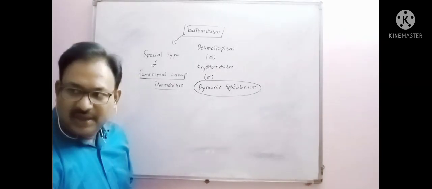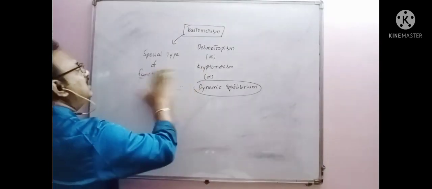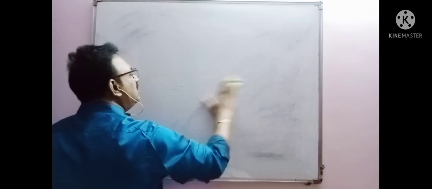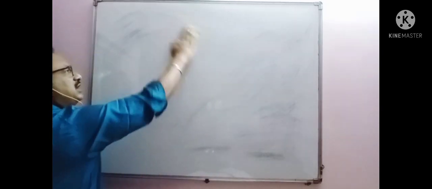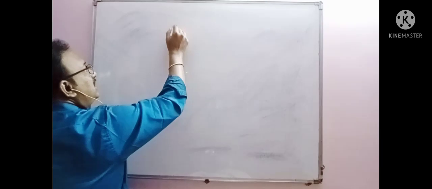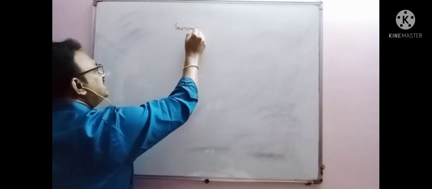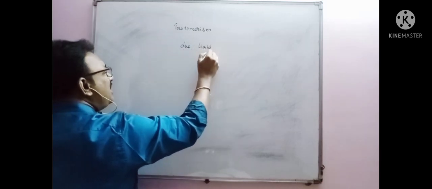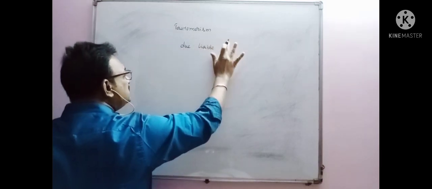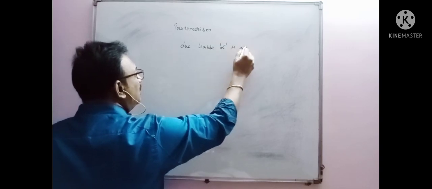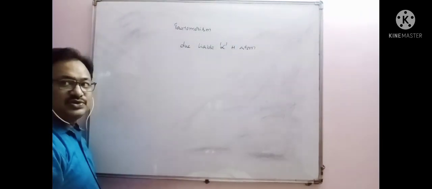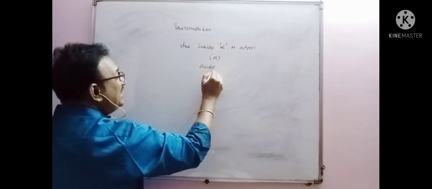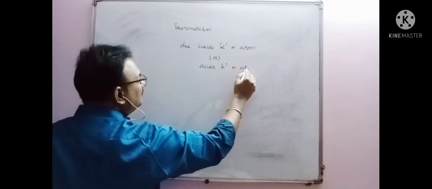Okay. Now, let me go through this tautomerism in detail. Tautomerism arises due to a labile alpha hydrogen atom, or it can be called an acidic alpha hydrogen atom.